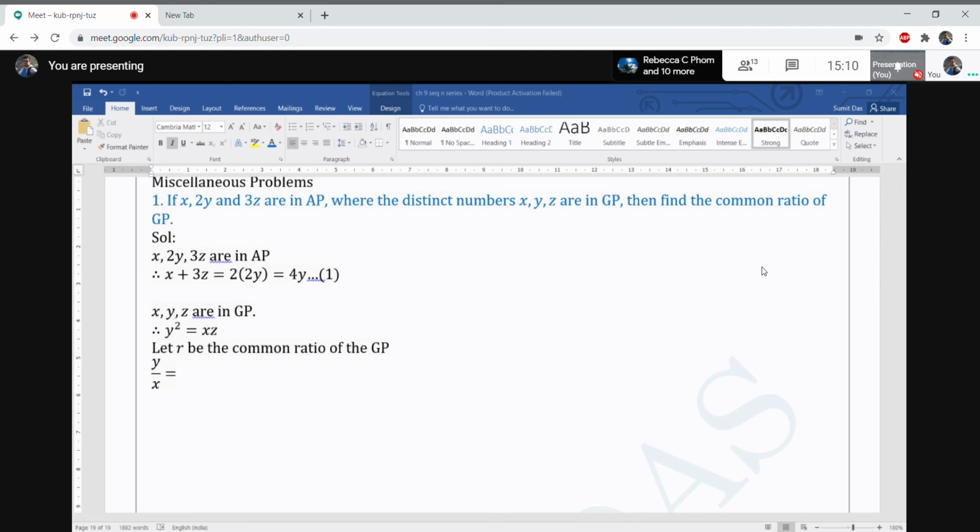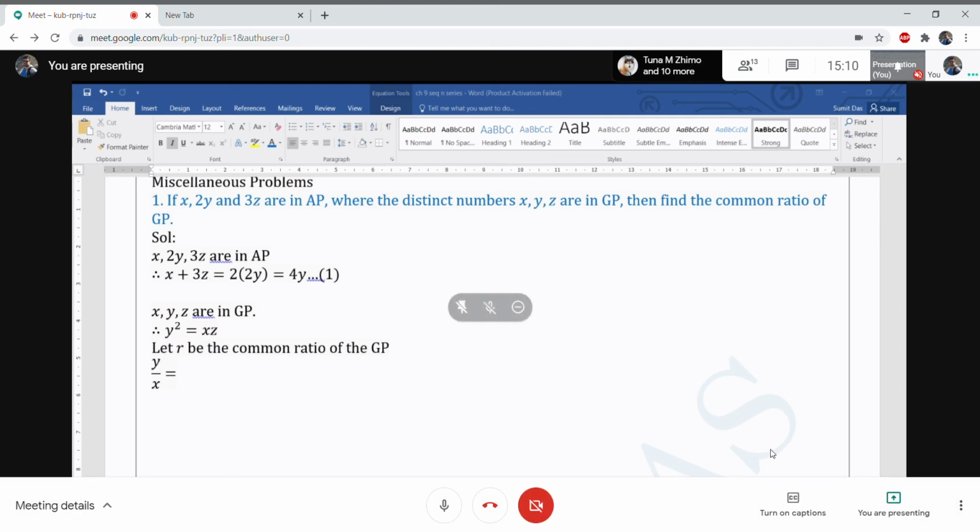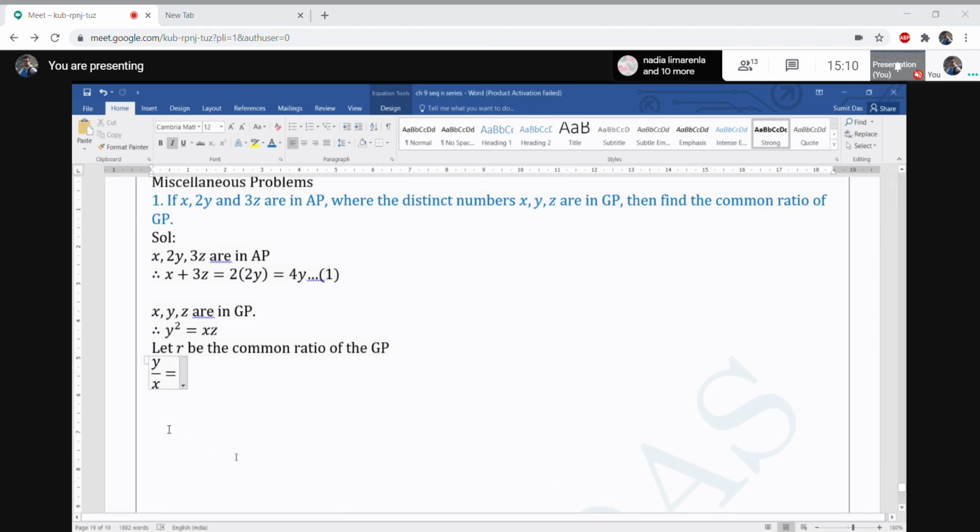No answer. If x, y, z are in GP, what is the second term divided by the first term? If x, y, z are in GP, second term divided by first term is the common ratio, that is r.